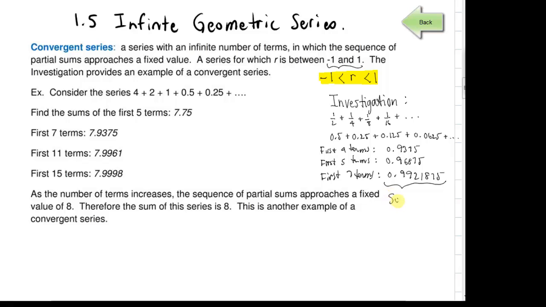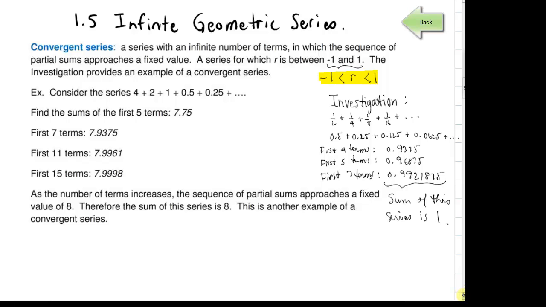So the sum of this series is 1. You would expect that because you were taking a piece of paper and dividing it in half, and then in half and half and half. Because you have one sheet of paper, you would expect that the sum of all these parts would add up to 1, which would represent your one sheet of paper.